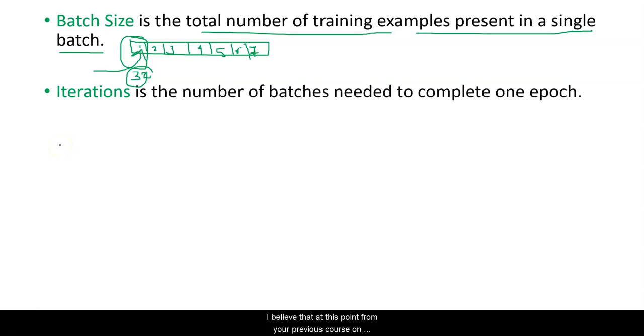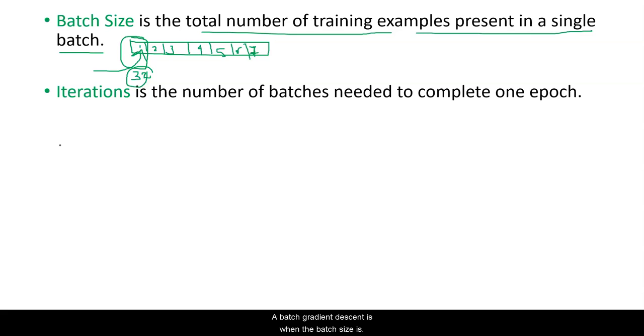I believe that at this point, from your previous course on AI algorithms, you know the difference between a batch gradient descent, a stochastic gradient descent, and a mini batch gradient descent.